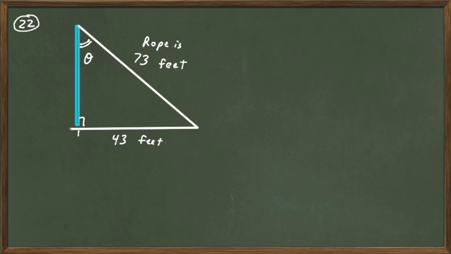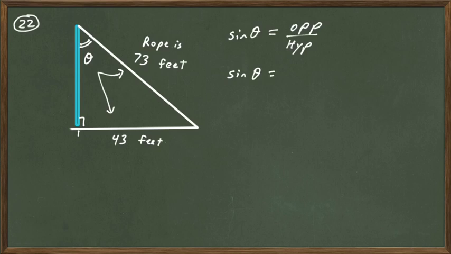So that's the angle I want to find. From that angle, that's opposite, and that is hypotenuse. That implies sine. Sine is opposite over hypotenuse. So the sine of theta is equal to the opposite 43 over the hypotenuse 73.